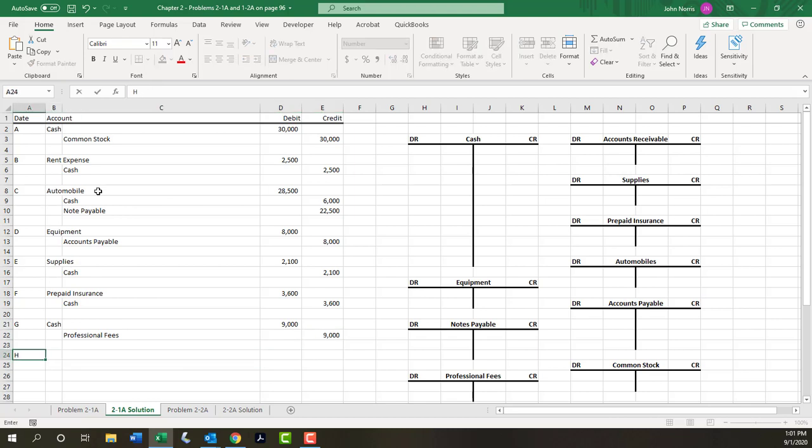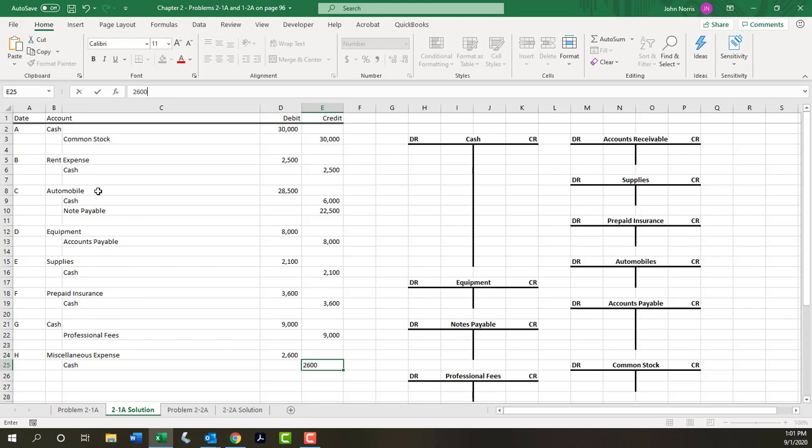And the amount of the revenue that we earned was $9,000. H, paid cash for miscellaneous expense, and we paid cash in the amount of $2,600.